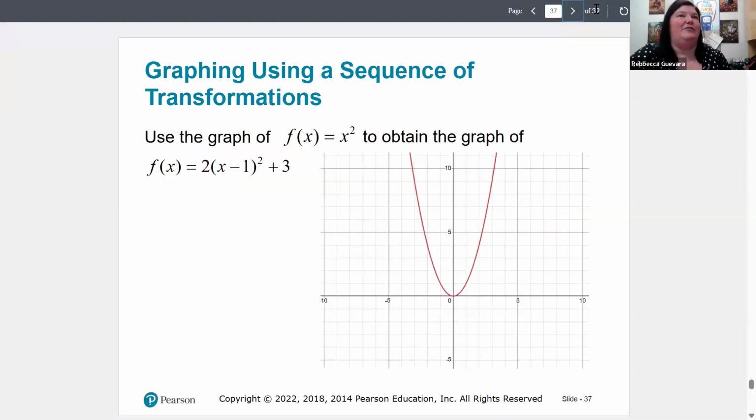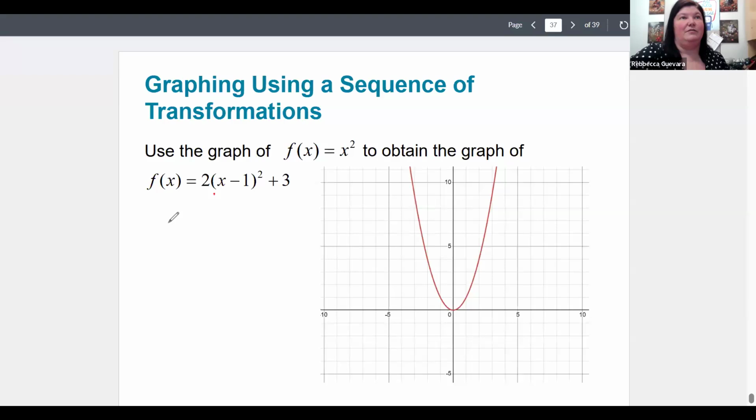So we have the graph of x squared, and we want to find our new graph obtained by doing these transformations. So we're going to get 2 times (x minus 1) squared plus 3.